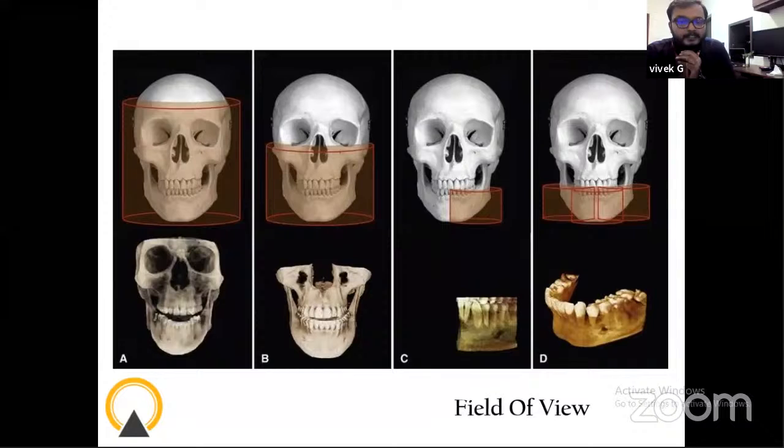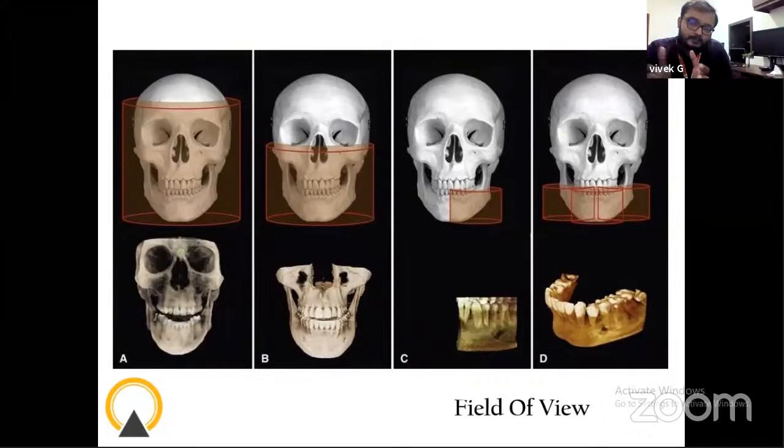Now, the other thing that is helpful with CBCT is that you can collimate and reduce the exposure to the patient, and you can just get the region of interest that you are interested in. You don't have to go for the complete full FOV scan every time.